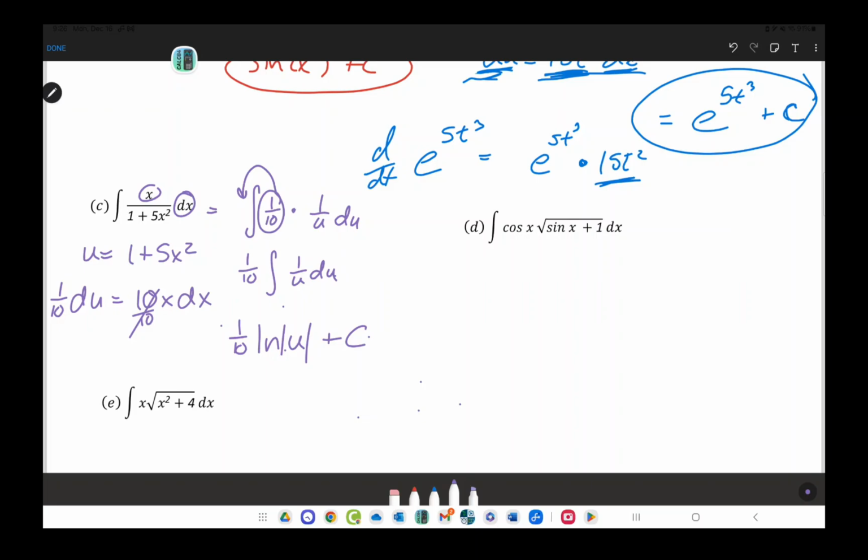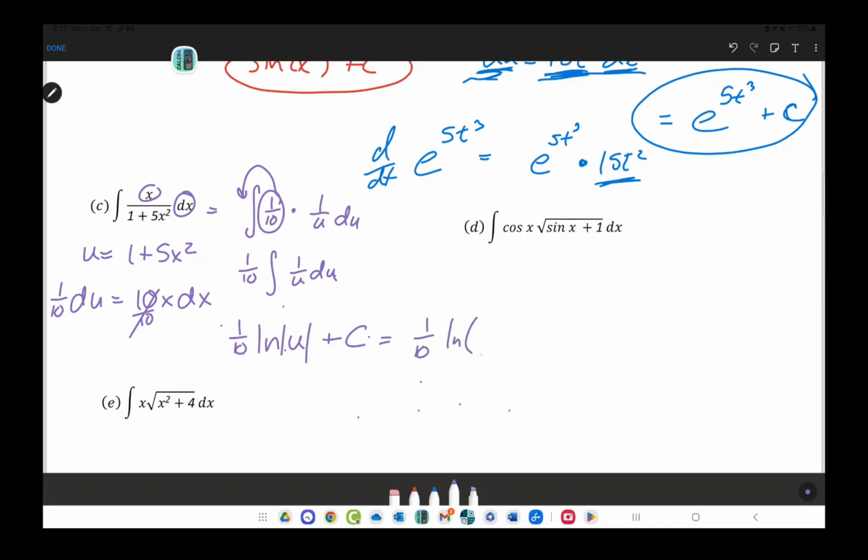You still get the 1/10, you just have 1 plus u, and the antiderivative would still be natural log of 1 plus u. You plug 5x squared back in, and you get the same answer. So the answer is 1/10 natural log of 1 plus 5x squared.